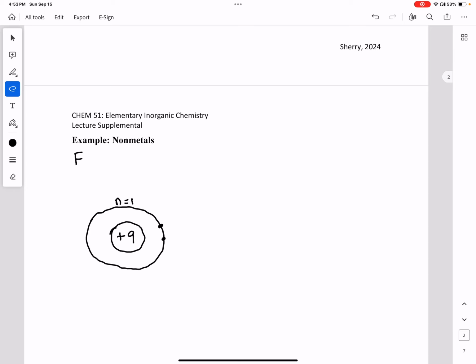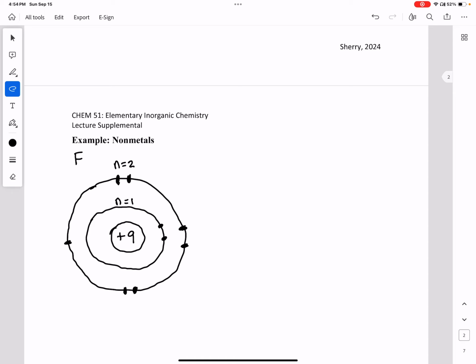Two electrons in the n=1 shell, and then 7 electrons in its n=2 shell. And I'm just worried about the shell. I'm not worried about the orbitals.